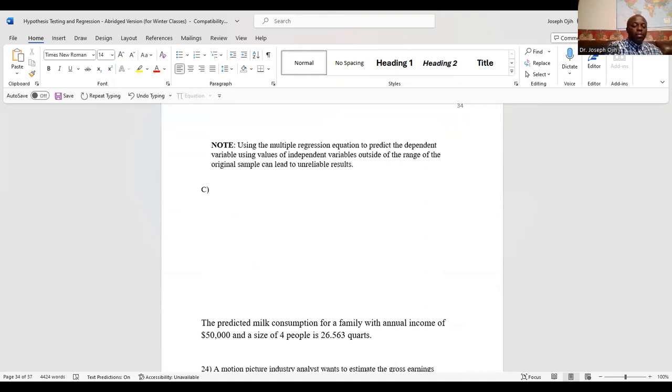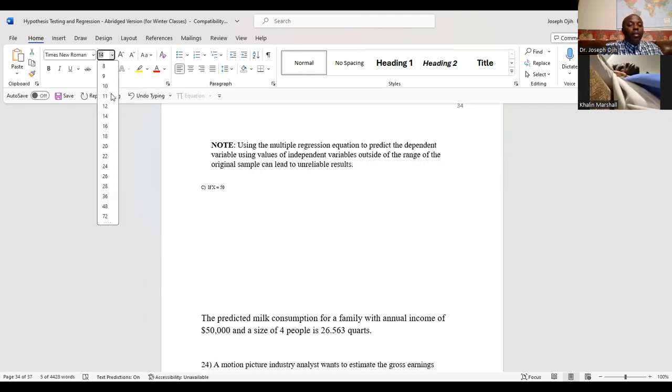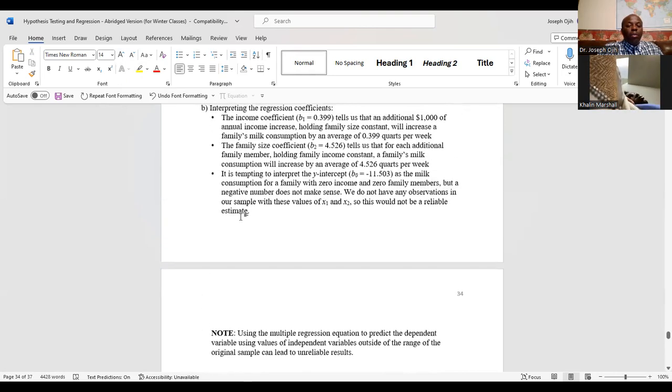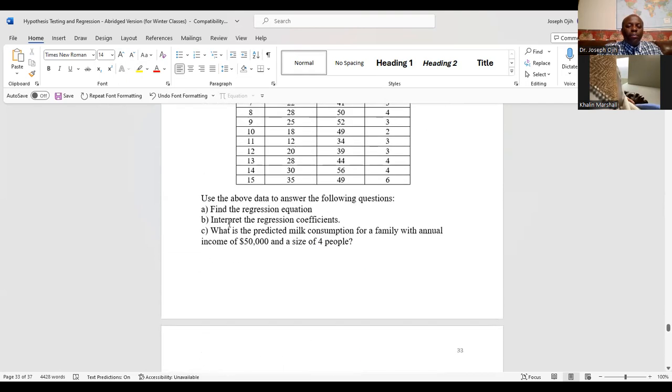Okay, if X equals 50, that is 50,000. We're going to be using the regression equation to solve this. It says this one is for milk consumption for a family with an annual income of 50,000 and a family size of 4.